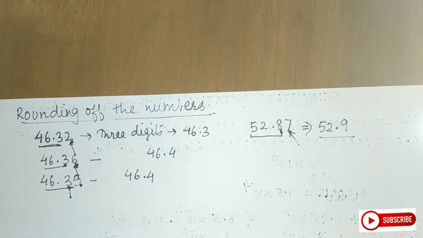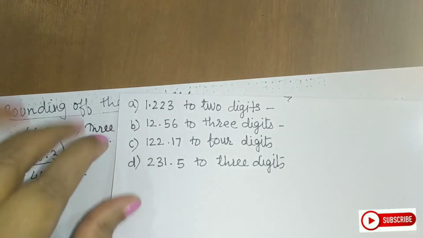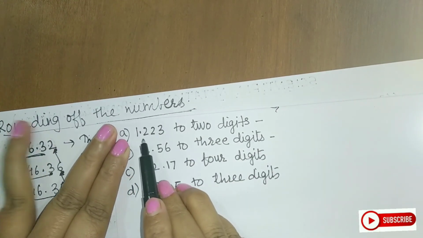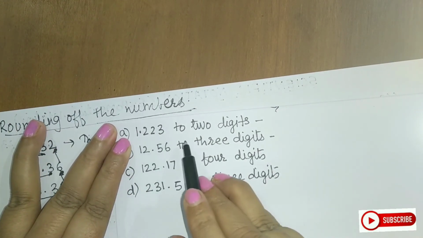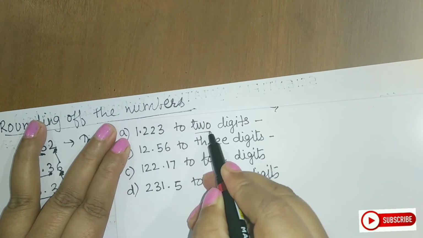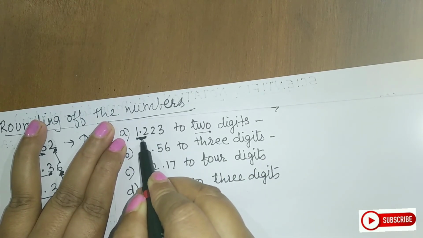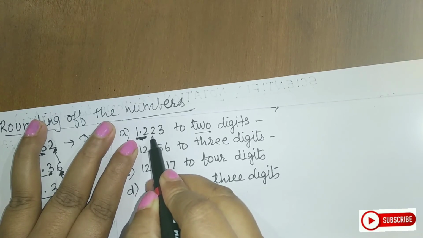Now let us try a few of the examples so that you will understand this better. Here are some of the examples what we have. The first number is 1.223. You have to round off this to 2 digits. 2 digits means I want the answer only up to this. So I will check now this digit.